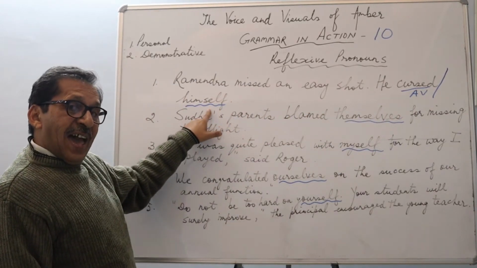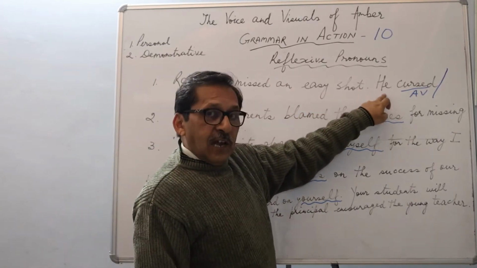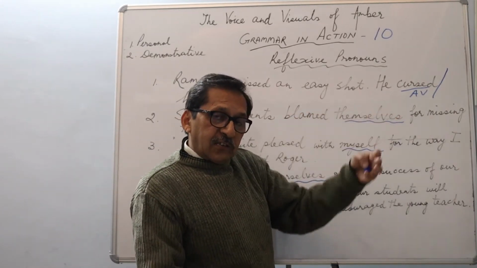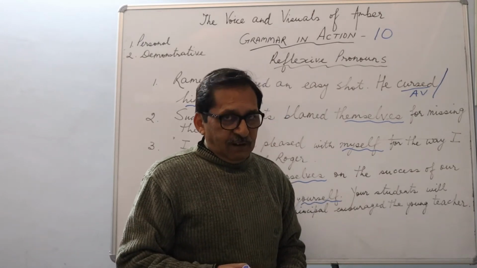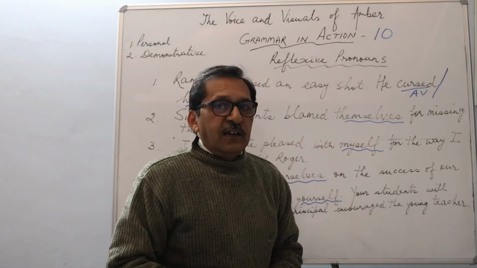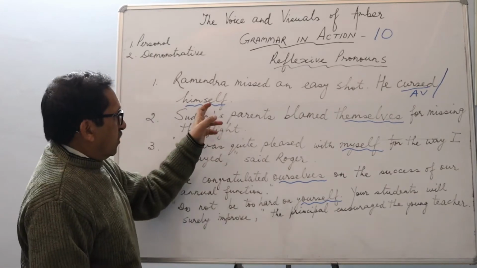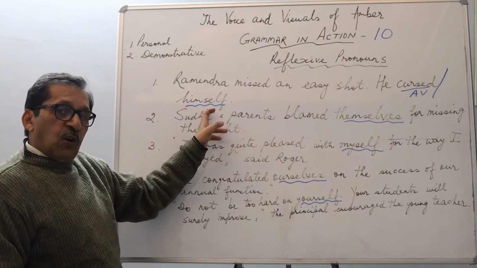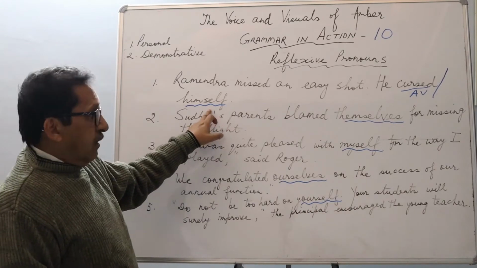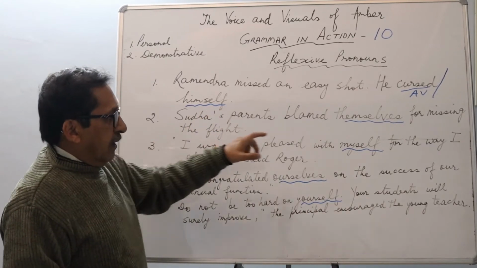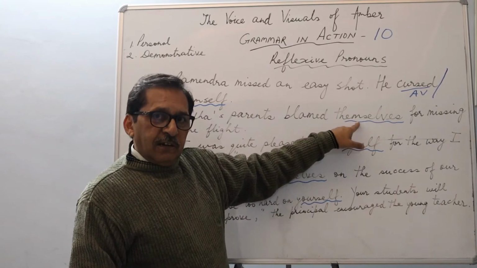So the act of cursing done by the doer is also reflected back on the doer himself. And that is why it is called a reflexive pronoun. So himself, or herself, is the third person singular reflexive pronoun. Let's see the third person plural reflexive pronoun.